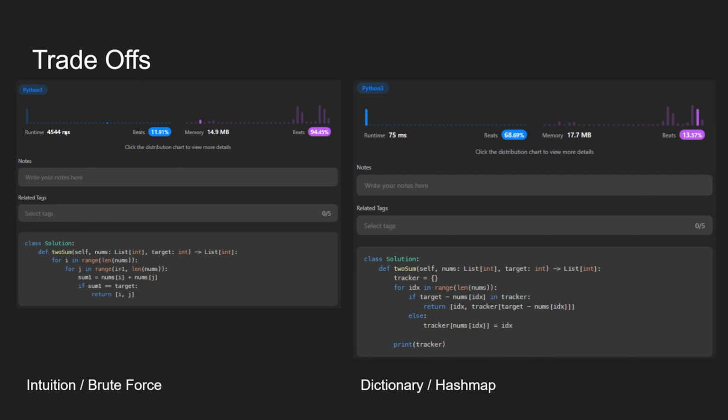You can see the runtime is significantly faster, while the memory is very different. The brute force approach uses almost no memory, and it beats 94.45% of other submissions. On the right, because we're using a hashmap or dictionary, we have about 13 to 14%, like we're in the bottom 14%.